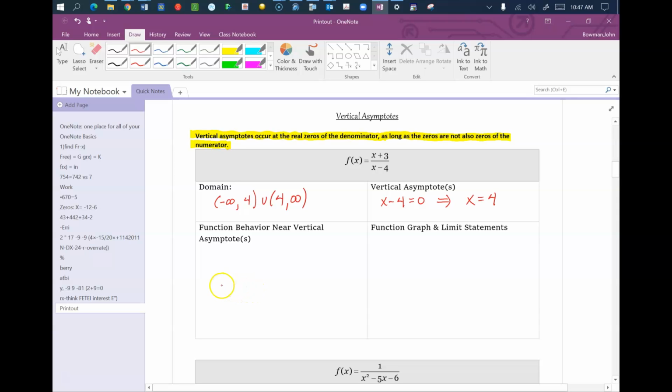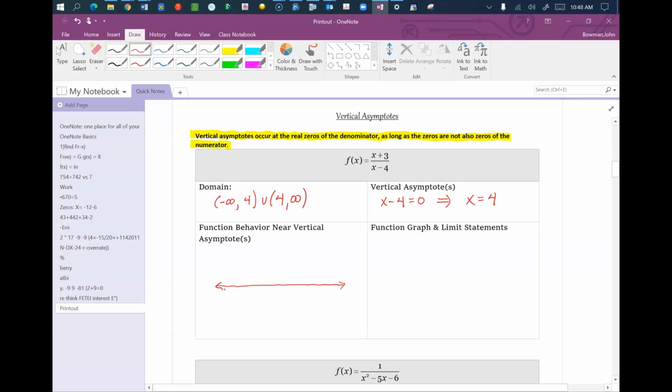So how do we determine the behavior near a vertical asymptote? We are going to use something called a sign chart. And basically, as I told you a few minutes ago, the value of y near a vertical asymptote is going to approach positive infinity or negative infinity. So we're going to plug some numbers in on either side of our vertical asymptote for x and see what the sign of f of x is.